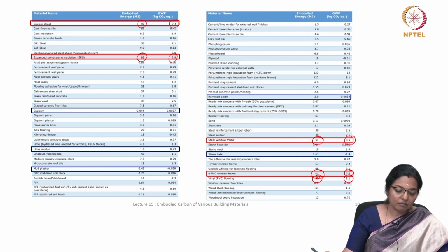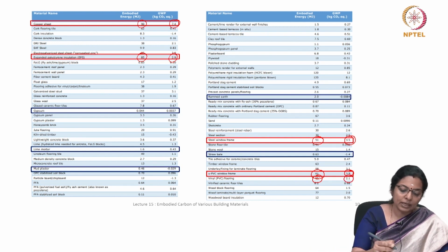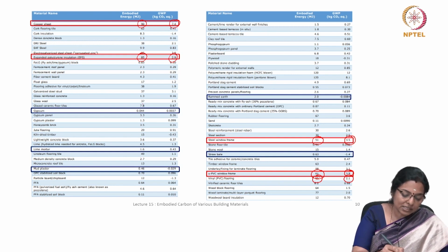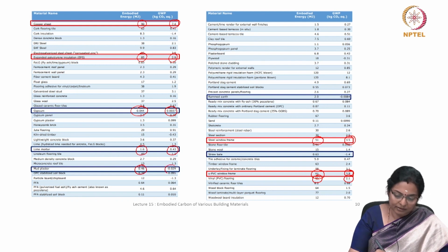Whereas if we look at materials which are from nature or which we call renewable, the embodied energy and global warming potential is relatively less for gypsum as a raw material, for lime mortar and for mud plaster.